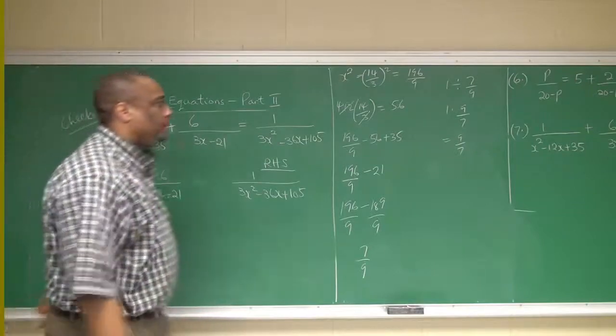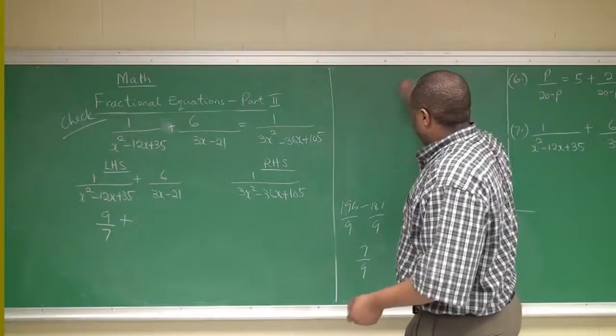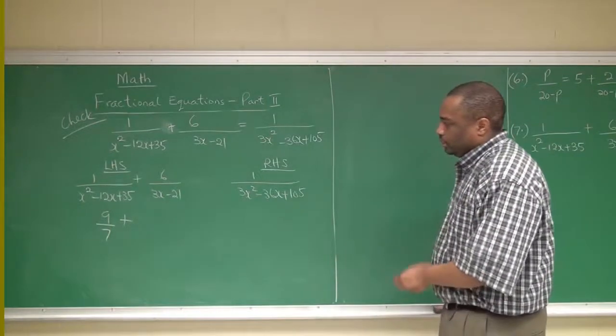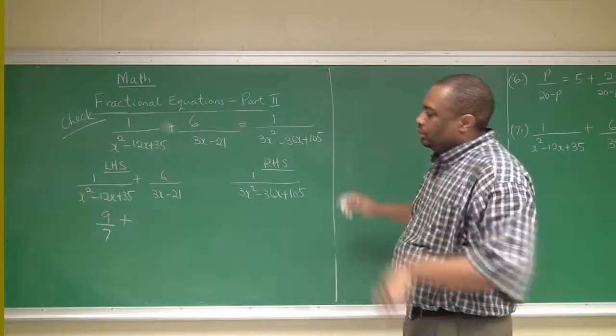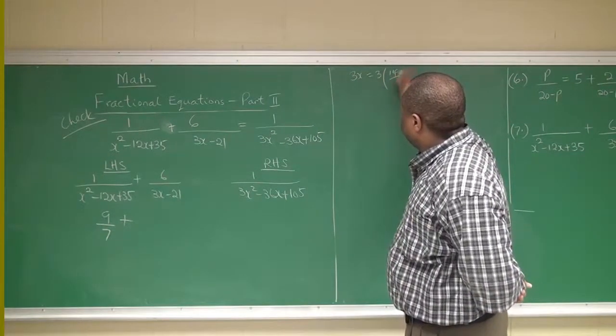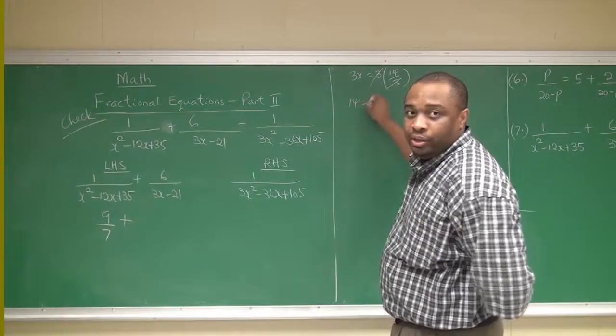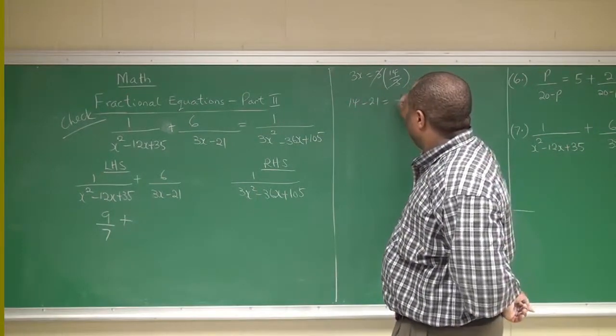Now let's do the next one. Let's start with the denominator. 3x will be 3 times 14 over 3, and that is 14. 14 minus 21 will give you negative 7.